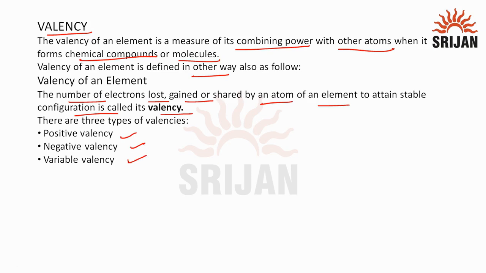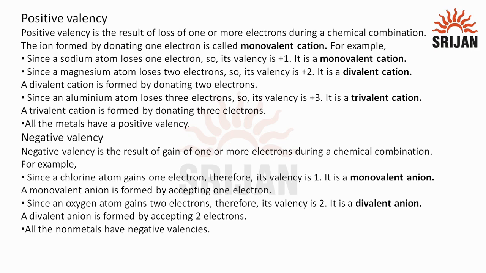What is positive valency? It is formed as a result of the loss of one or more electrons during a chemical combination. That formed by donating one electron is called a monovalent cation.